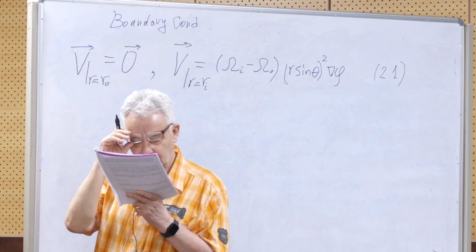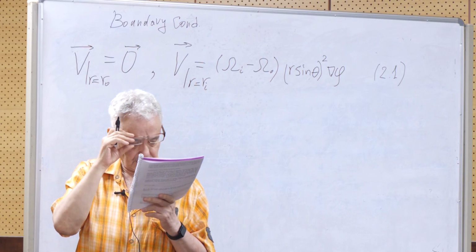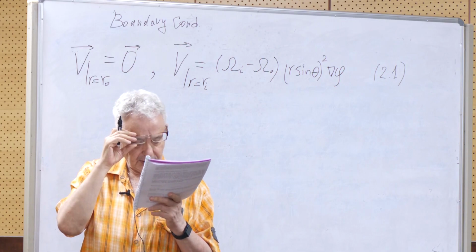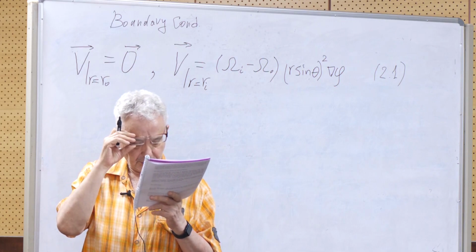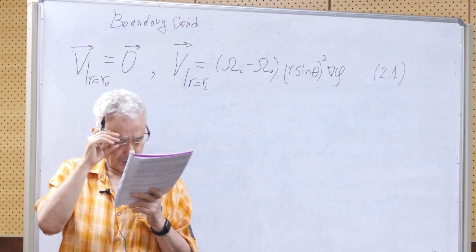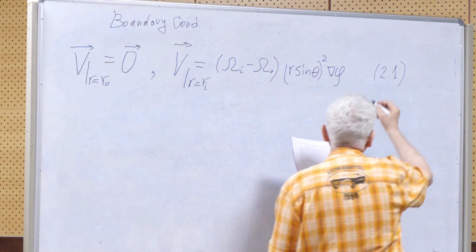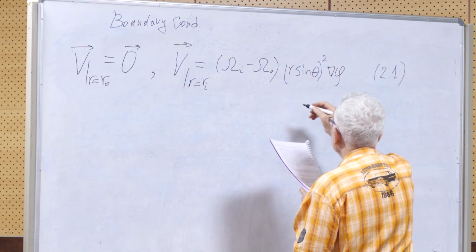And here we have made another simplification actually, which is entirely justified for a terrestrial planet. We believe that the inner solid boundary can only rotate in the azimuthal direction, in other words, along the unit vector. So just let me stress that it's along the unit vector.